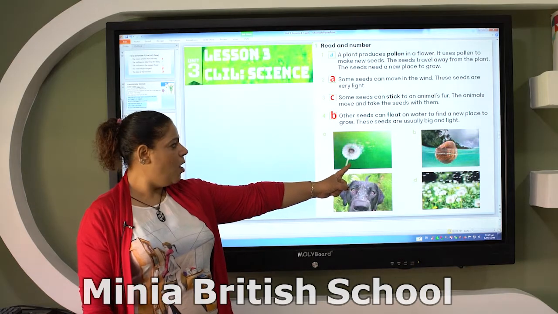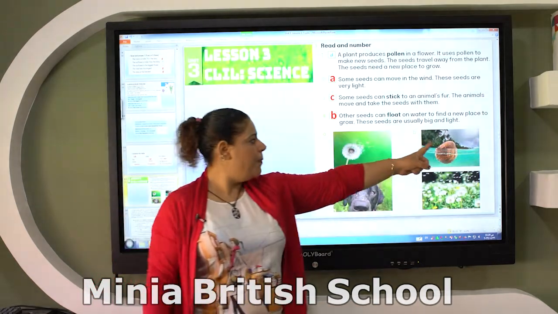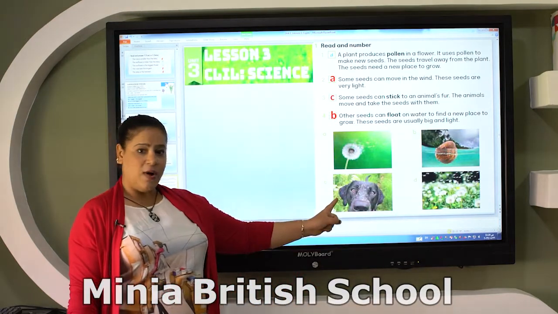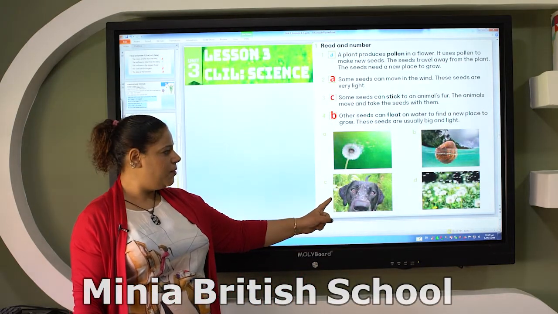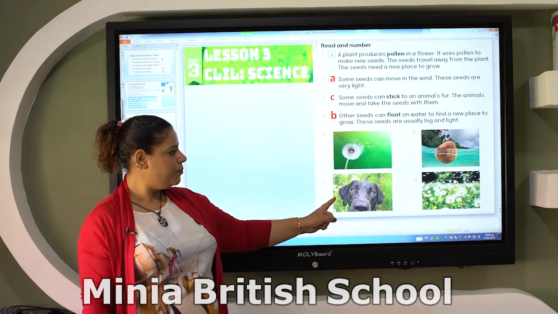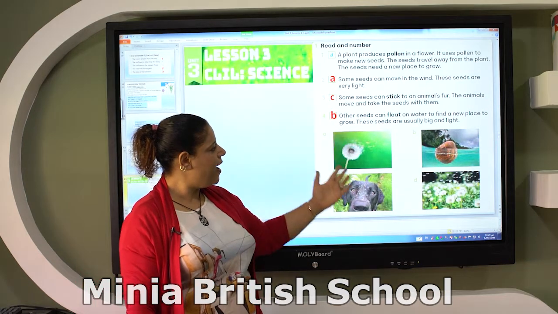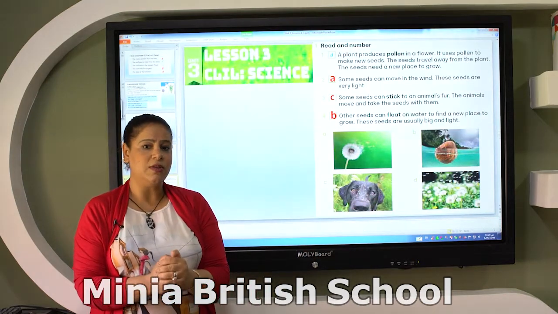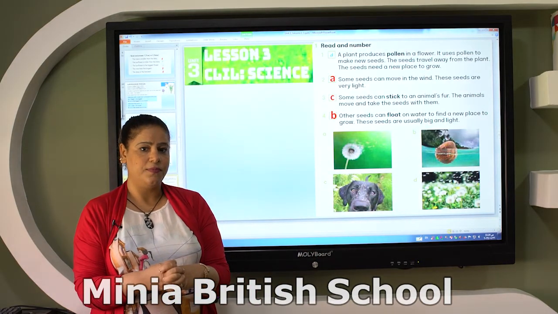So we have three ways for the plant seeds to be moved.